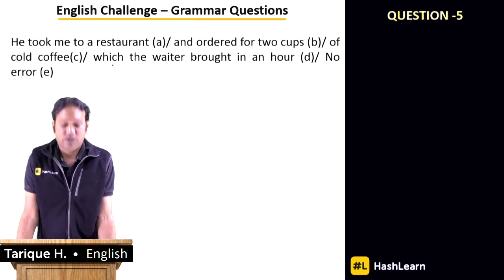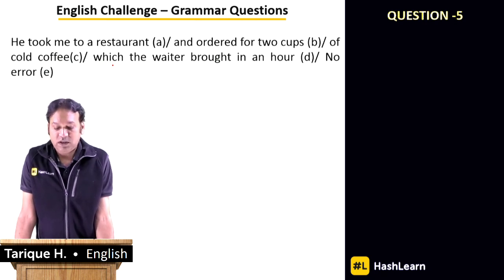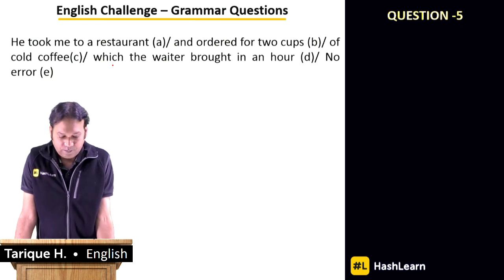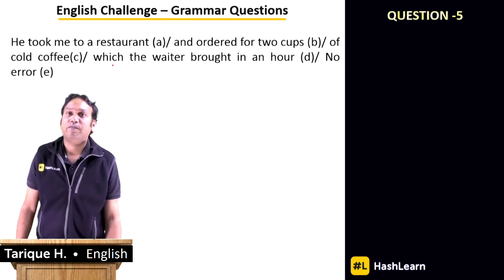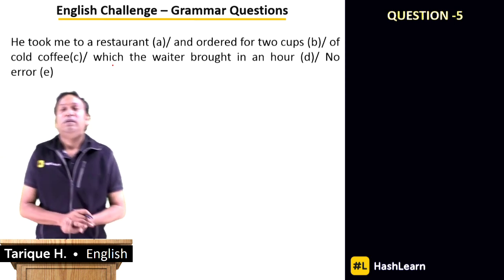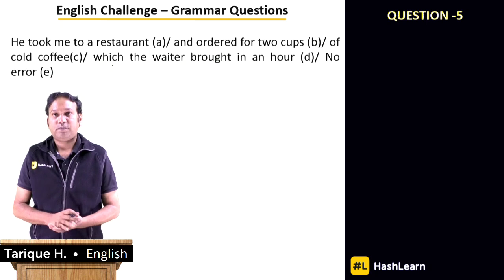He took me to a restaurant and ordered for 2 cups of cold coffee, which the waiter brought in an hour. And the last part is no error. What will be the answer for this question? Which part of the sentence is incorrect? Look carefully, read once again, and post the answer in the comment section.